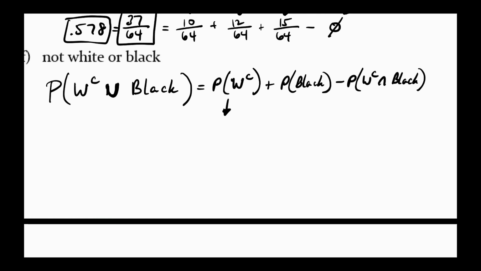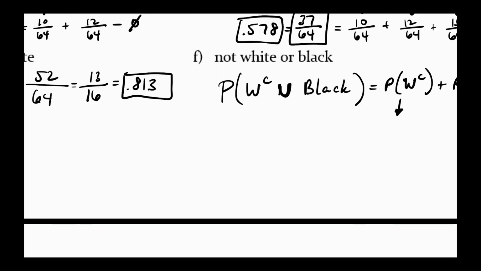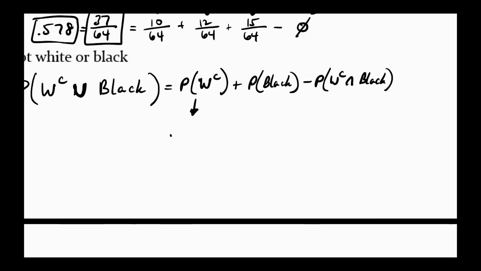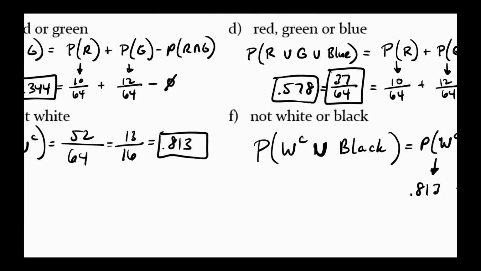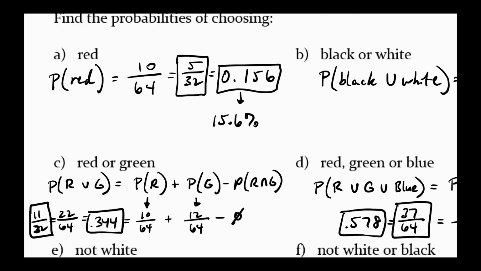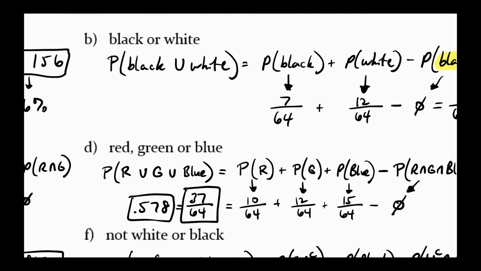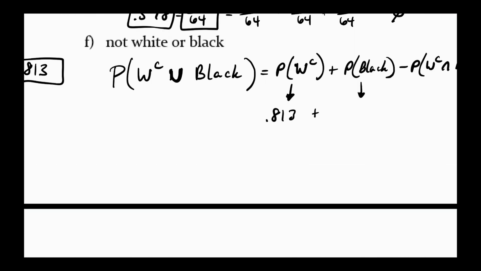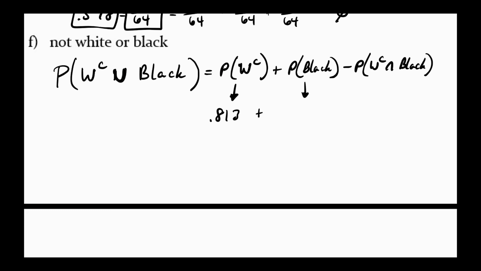Probability of not white is 0.813. Probability of black, we did earlier, right? No, we haven't. Yeah, we did. 7 out of 64. Probability of black is 7 out of 64. 7 divided by 64, which is 0.109.